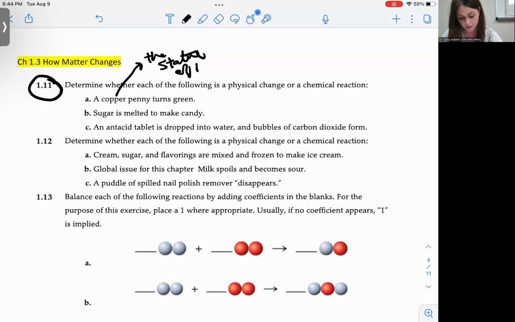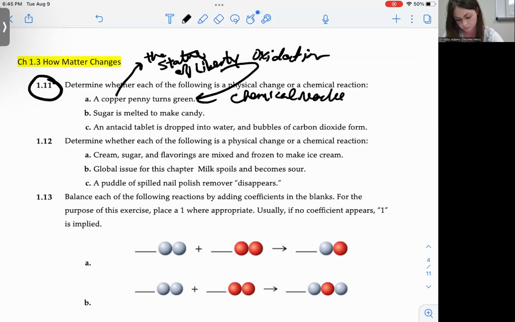It wasn't always green, right? Oxidation happened. And so that's why a copper penny would turn green. That is, in fact, a chemical reaction. That is not just a change in form. That is not a physical change.